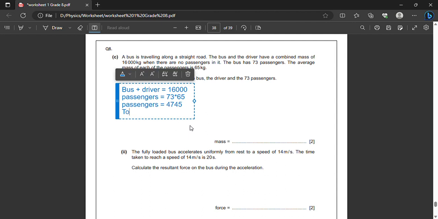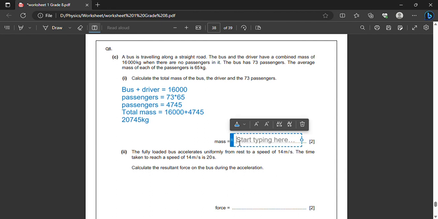I'm not writing kg. Now they're asking for total mass, so it's easy. You add both of them, 16,000 plus 4745, and the final answer you'll get is 20745 kg. So this is mass, so write with the unit: 20745 kg.